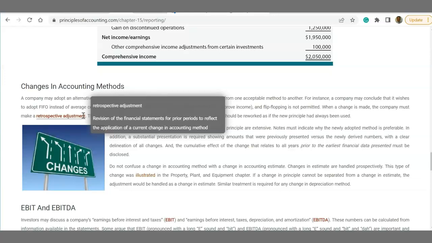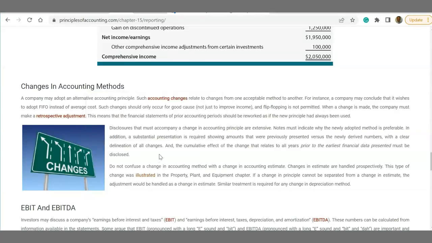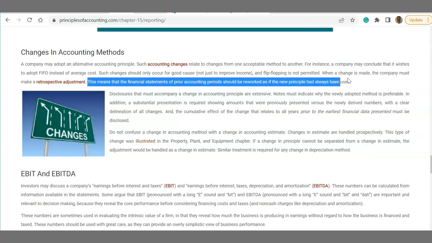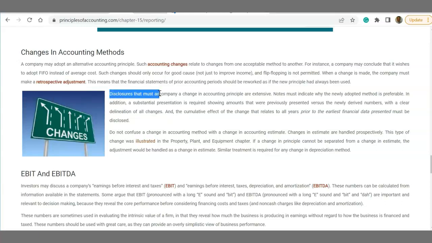So when you put it next to each other, your investors can easily understand what's going on. So this is the word. That means that the financial statements of prior accounting periods should be reworked as if the new principle had always been used. And of course, you have to have disclosures too, okay?